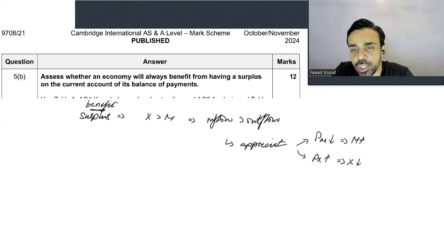Just in terms of we can get cheaper imports, so living standards will improve and price of exports will rise.